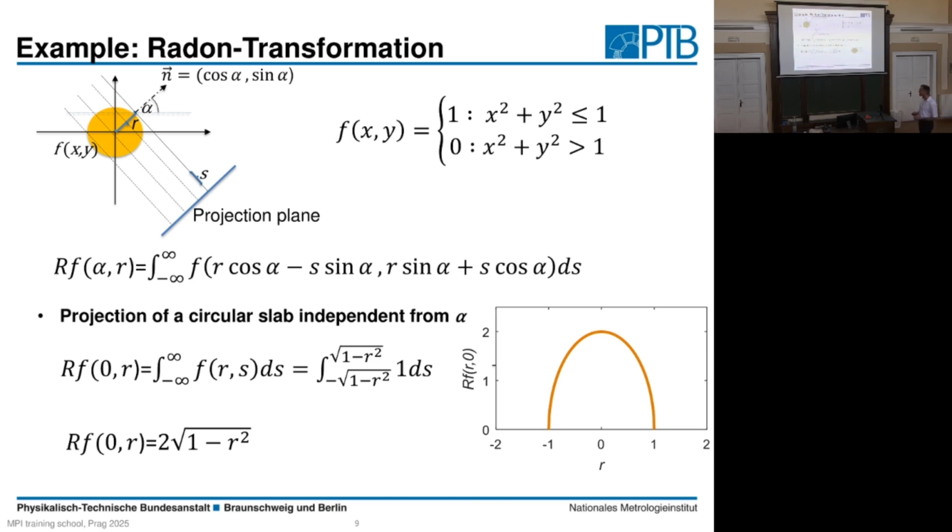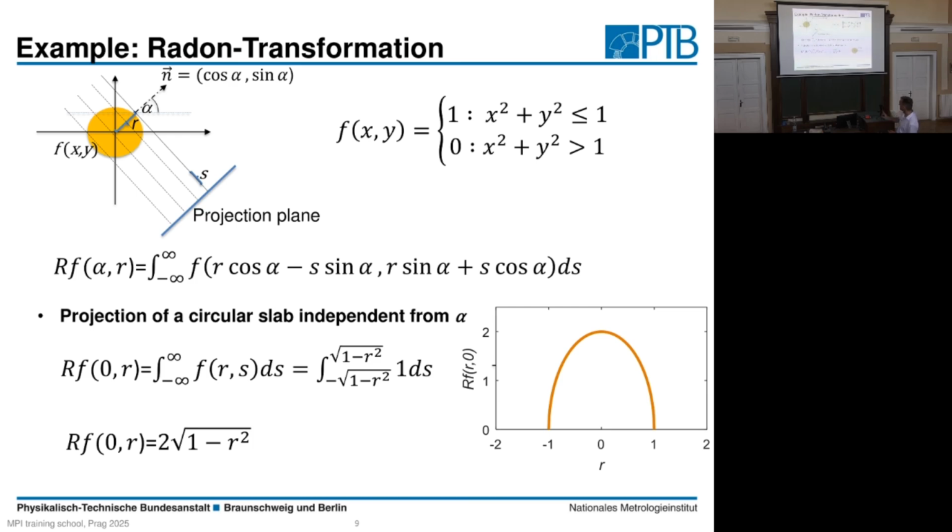But first we have to define x and y by our variables r and alpha. And s is the integration variable, which runs over the infinite line from minus infinity to plus infinity.